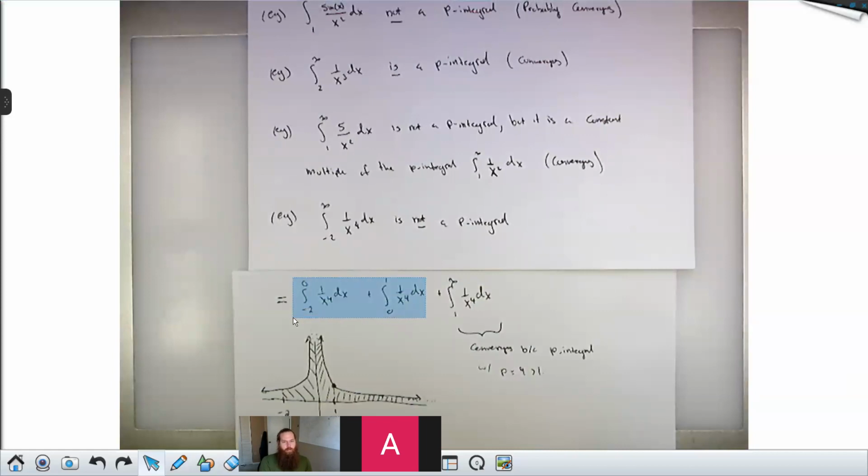The two type 2 portions, these guys, anybody got a feeling for whether they converge or diverge? If you did your homework, you would have an answer for this. There is a homework problem that would allow you to at least resolve the middle guy here. Remember the question, for what values of p does the integral 0 to 1 of 1 over x to the p converge?